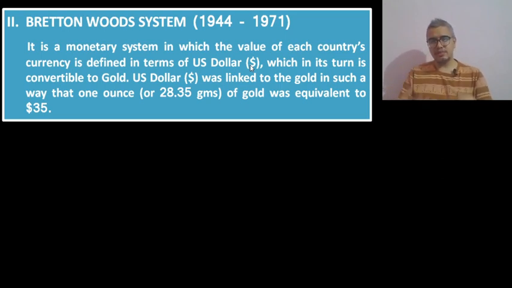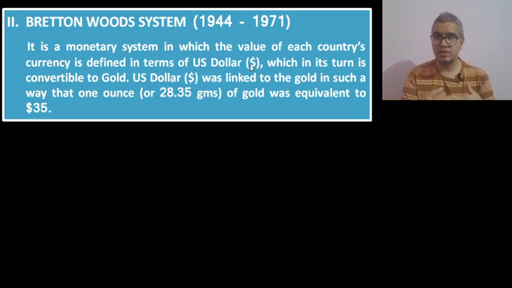But in the case of the Bretton Woods system, each country's currencies were convertible to US dollar, and US dollar was convertible to gold. So all the currencies were defined in terms of US dollar, and US dollar was linked with gold.